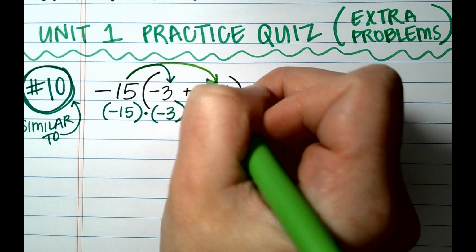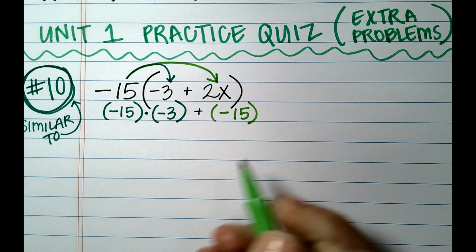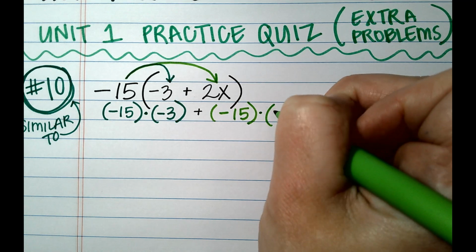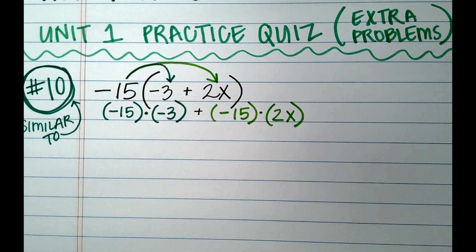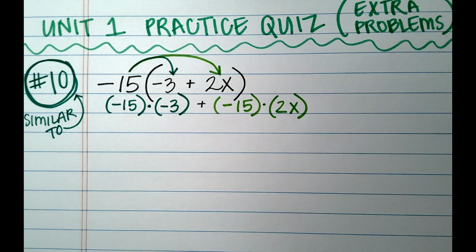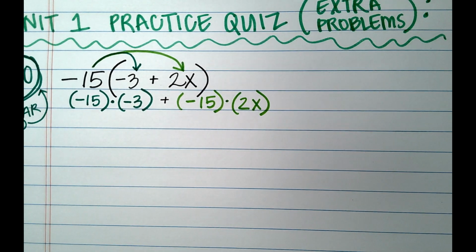Negative 15 times 2x. Okay. And we've got it all written out now. So, before we solve this, let's remember our multiplication rules with different signs.